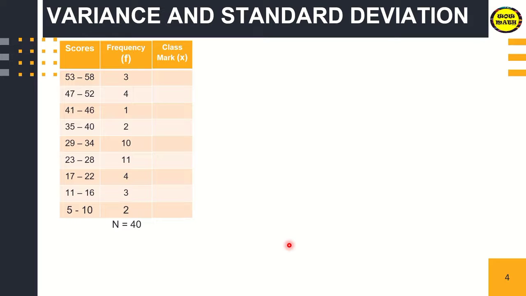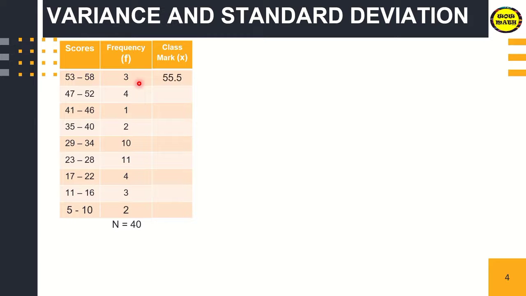So when you say class mark, that is the midpoint of our class limit. So ano ba yung class limits natin dito? Yung scores natin. So paano kinukuha si class mark? So yung gitna ng 53 saka ng 58. So para mas madali yung makuha, you add 53 plus 58, then divide it by 2. So 53 plus 58 divided by 2, that is 55.5.